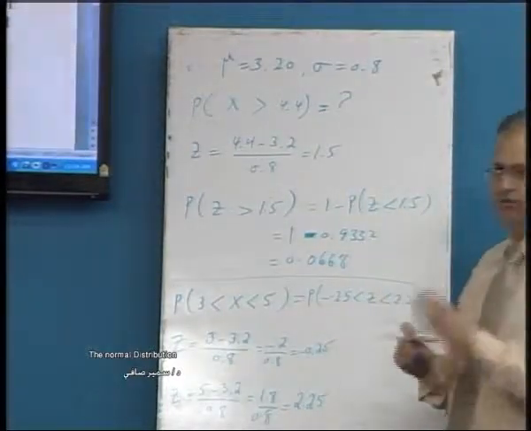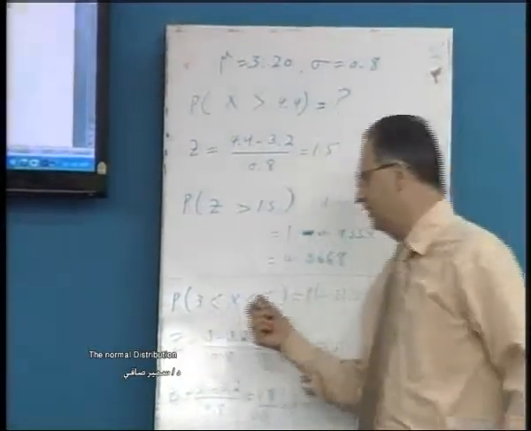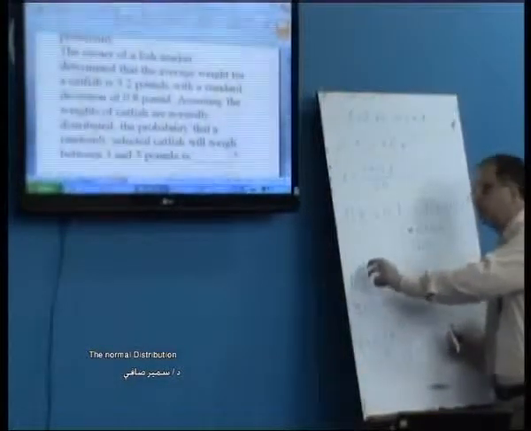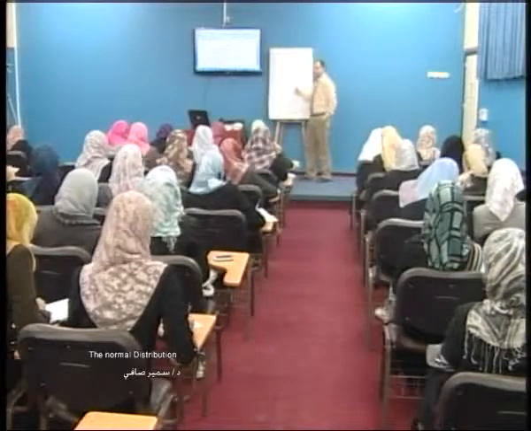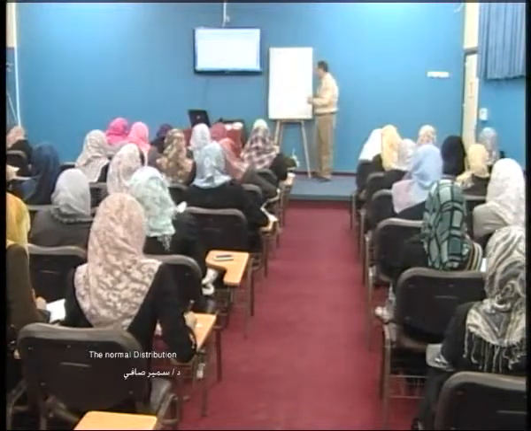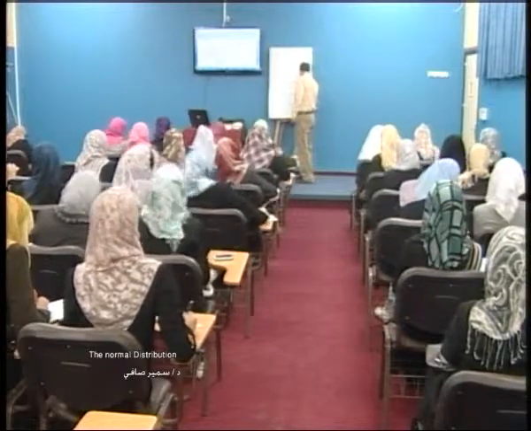It's minus because your value here is smaller than the average. The average was 3.2, so it should be negative. So z is between minus 0.25 all the way up to 2.25. So now, this is the probability we are looking for.